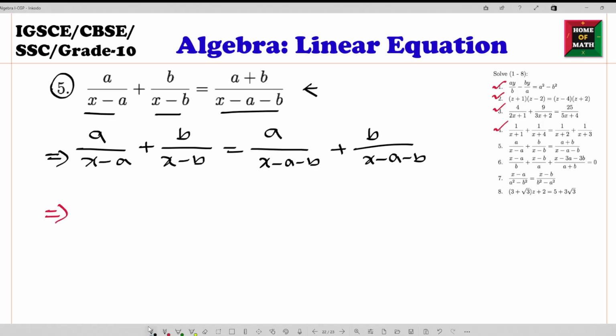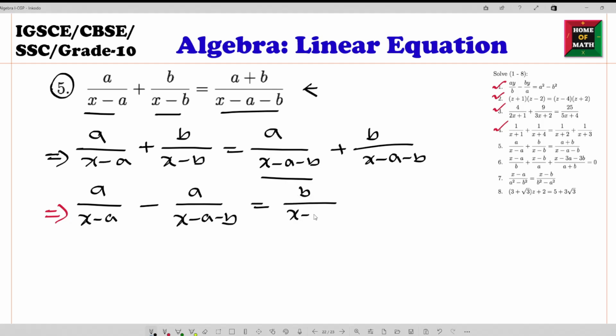First one, a divided by x minus a, we will transfer here: a divided by x minus a minus b equals b divided by x minus a minus b minus, this one we transfer to the right side, b divided by x minus b. Okay, it means similar numerators we will keep on the same side, a and b.